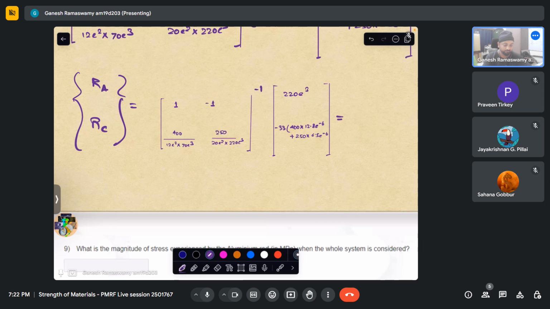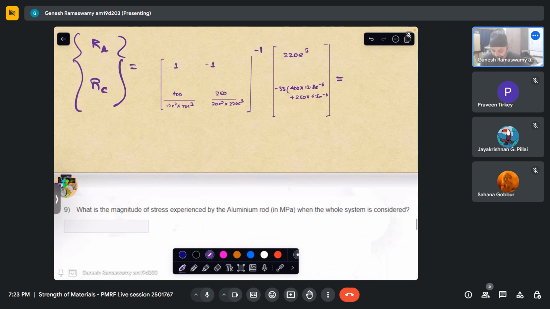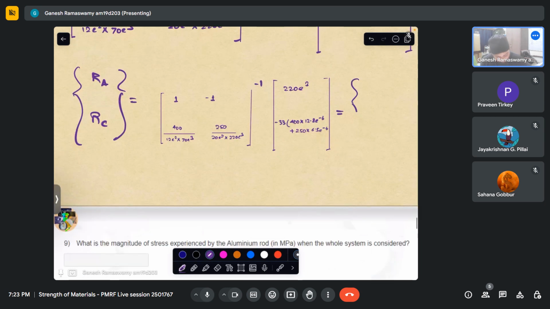This is 220E3 and this is minus 33 into 400 into 12.8E minus 6 plus 250 into 6.5E minus 6. So this gives me RA as minus 18.31 kilonewton and RC comes out to be minus 238.31 kilonewton.